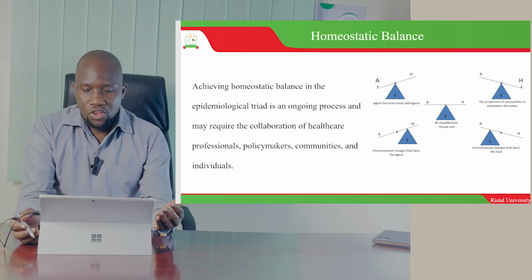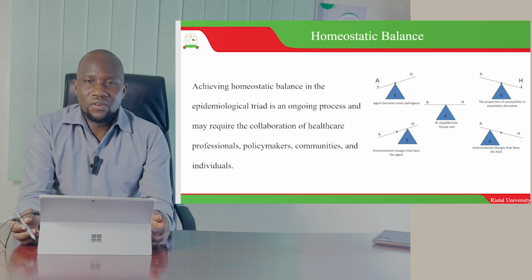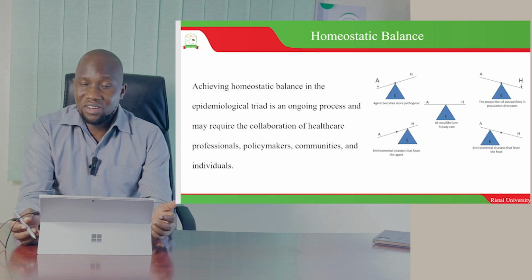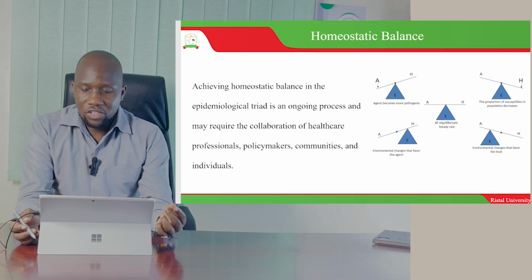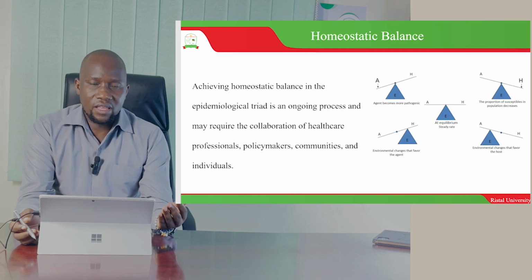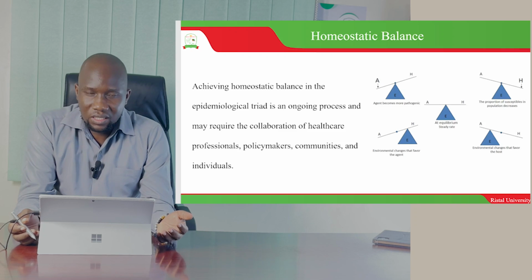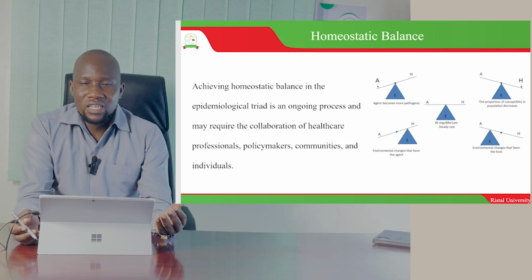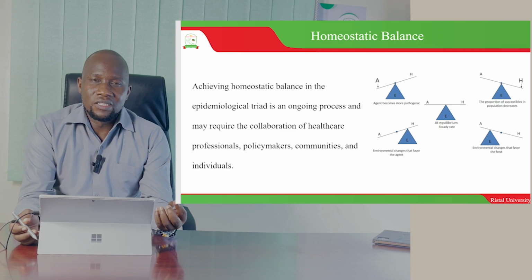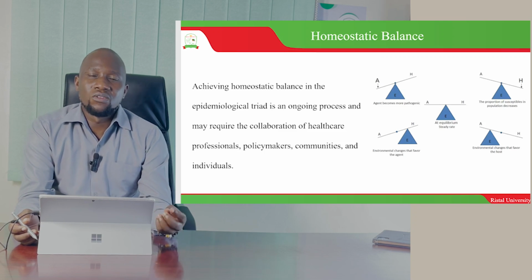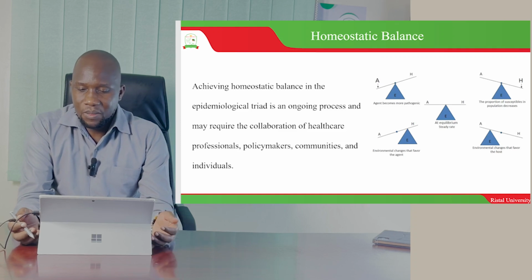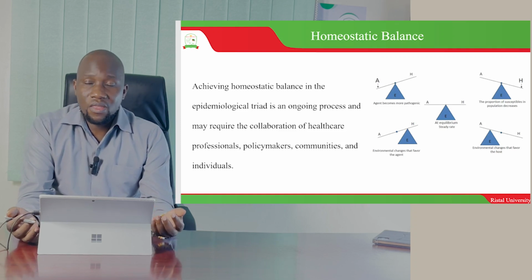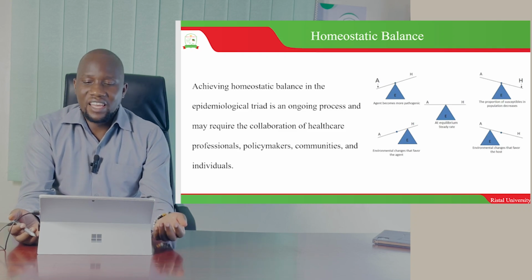So sometimes you can have the agent being very pathogenic. That means that it is very powerful. It can cause the disease even with very few numbers. And then you have the situation where the host is actually very strong. That means that the agent is becoming less powerful and not very pathogenic. Okay, so that is when you have the host outweighing the agent.